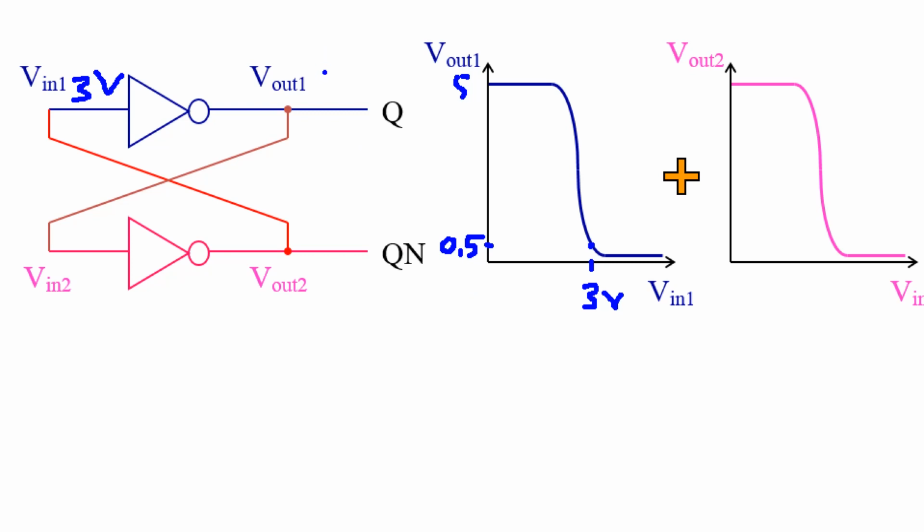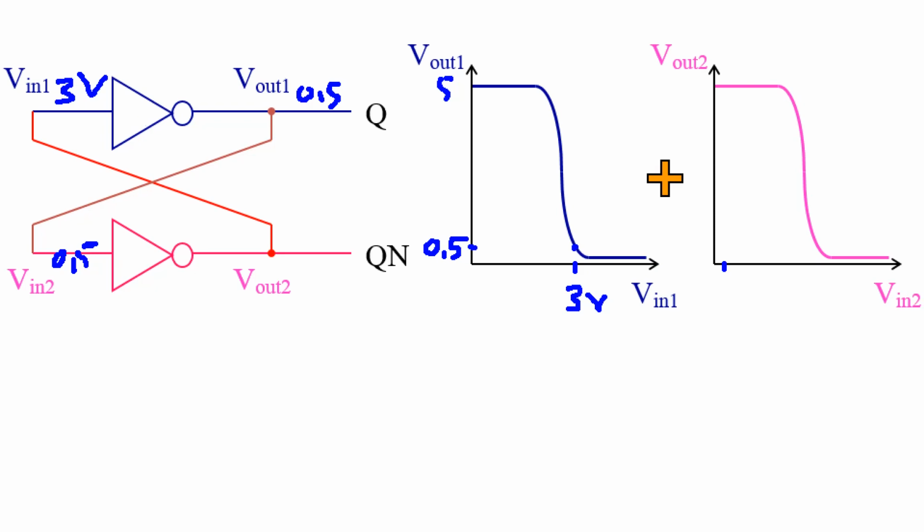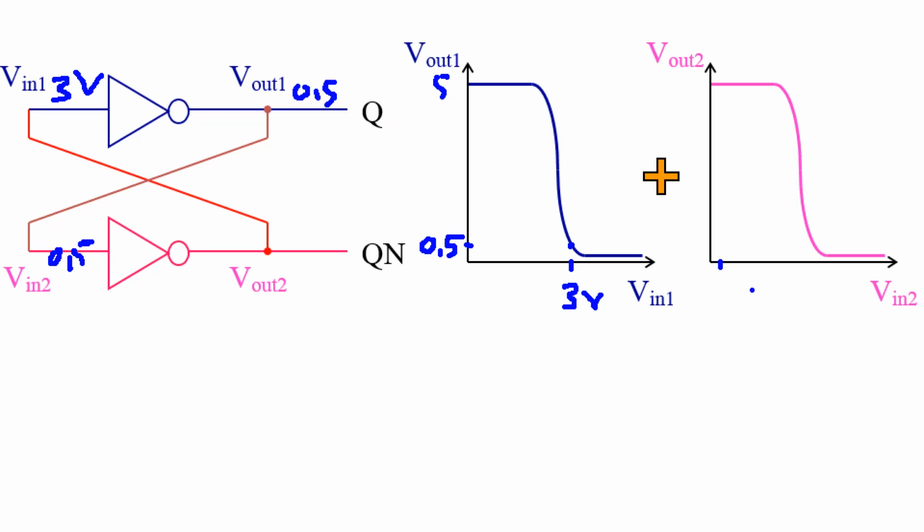So now the output is 0.5, and V in 2 now is also 0.5. Then the output of the second one is 5 volt, right? So now the output of this one is 5.